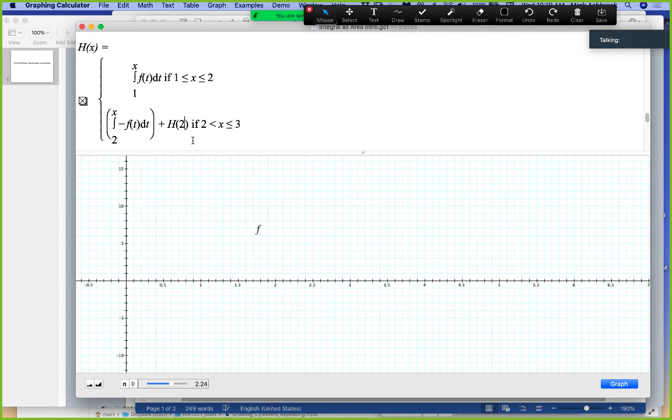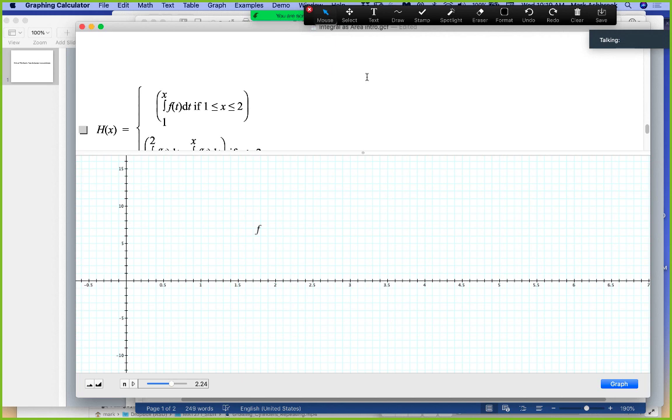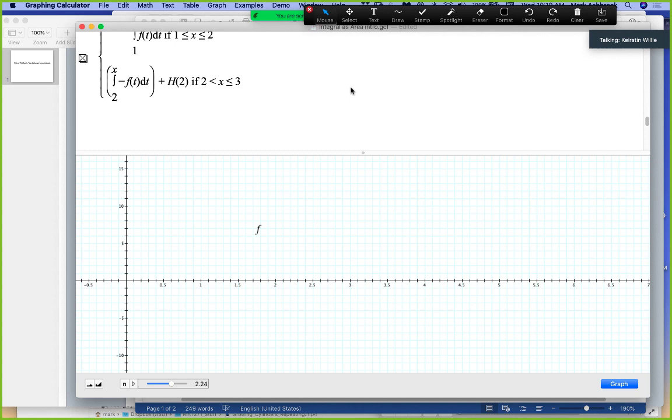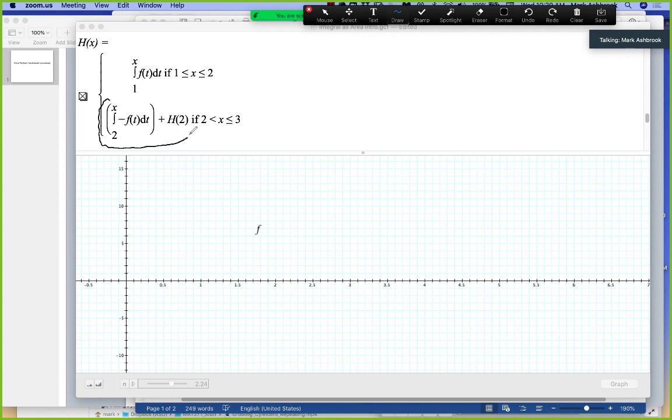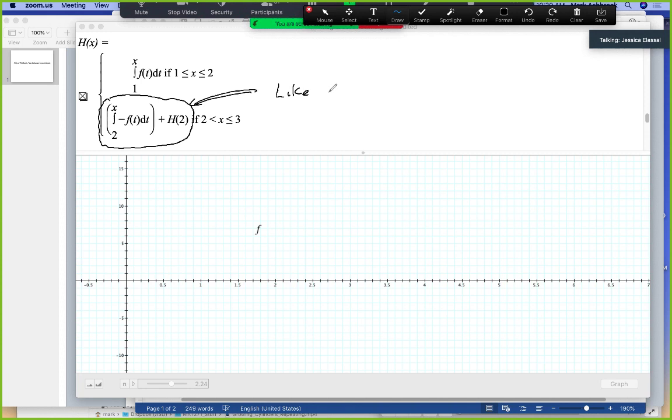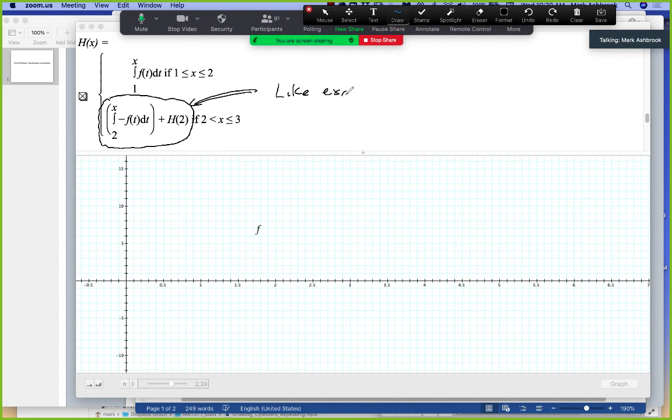And what does that look like? Do you see what's happening there? What is that? That we've seen before. It's like total, right? Exact total accumulation.